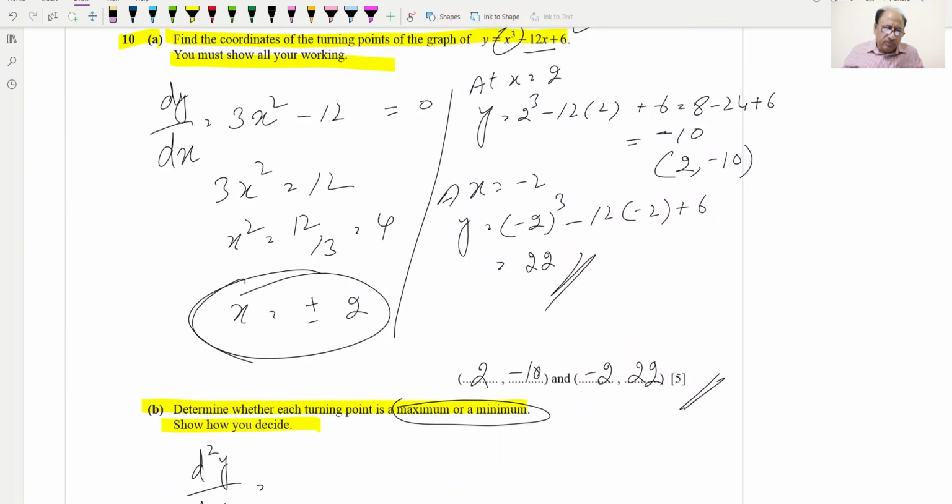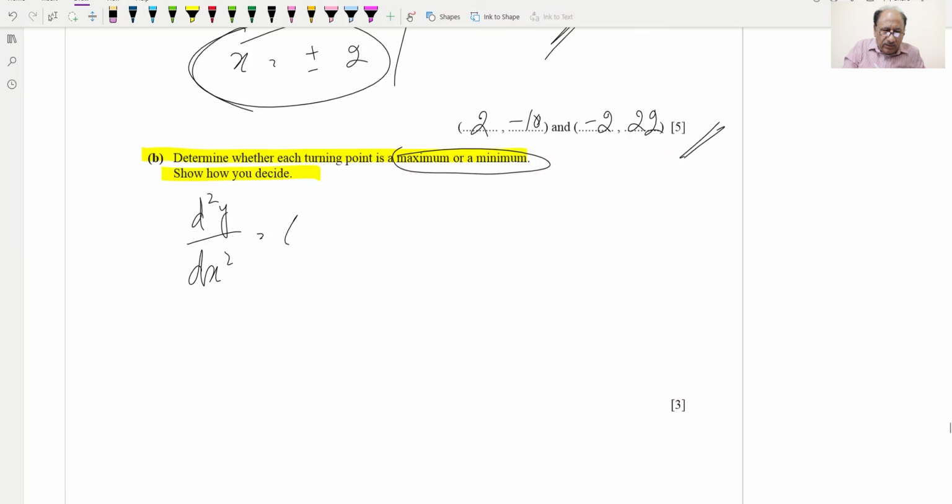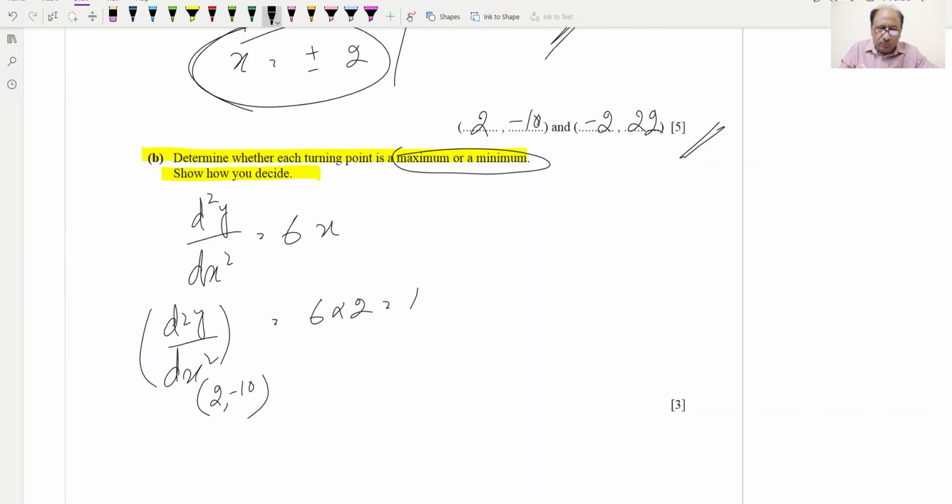So derivative of this will be 6x. So we can write 6x, and we can find d2y over dx squared at (2, -10). So this will be equal to 6 into 2, which is equal to 12, which is greater than 0. So it will be minimum.